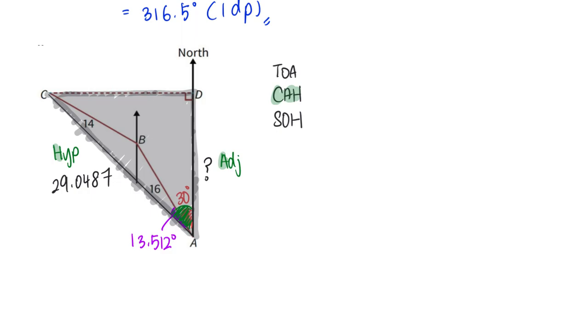And so, for this part it is simply cosine of 30 degrees plus 13.512, that will be 43.512 degrees, equals to adjacent side, that's my AD, divided by my hypotenuse, 29.0487.